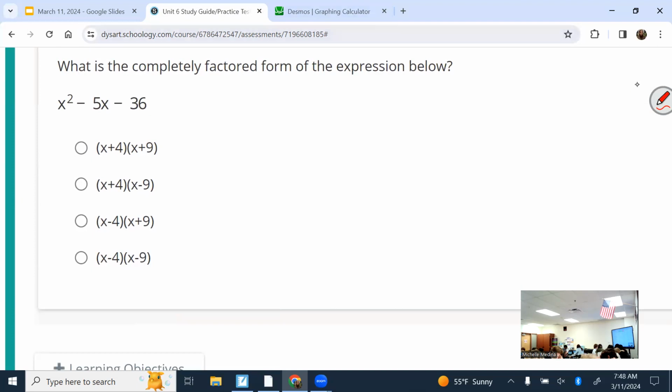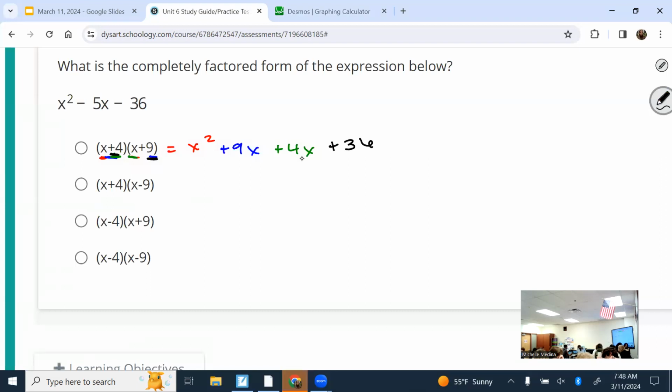Okay, so if we FOIL these, multiply the first terms, x times x. Then the outer, x times 9. And it's positive, so plus 9x. Inner terms, 4 times x. And my last terms, 4 times 9 is, and it's positive.